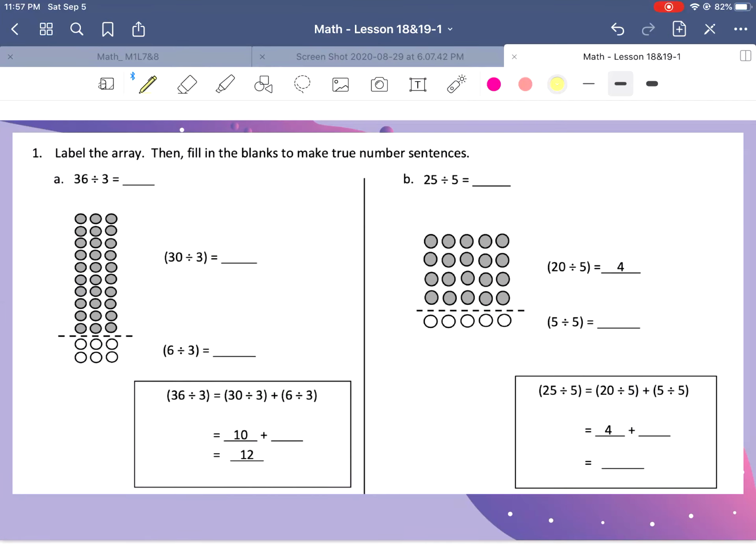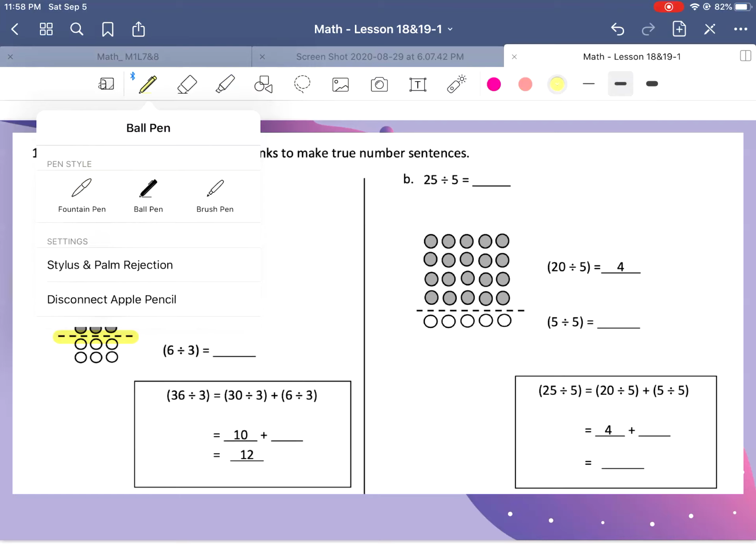Let's move on. So now we're moving on to division. And this is very similar to what we've been doing so far. So the question is asking what 36 divided by 3 is. And once again, instead of just doing the division as it is, this question has split the array into 2 parts. And one is 30 divided by 3.